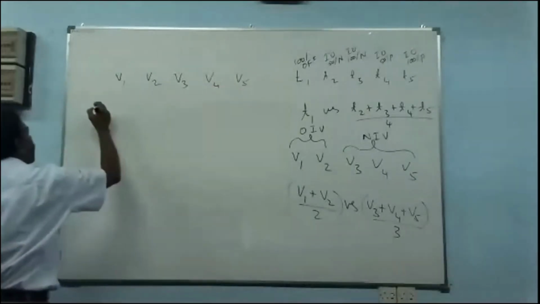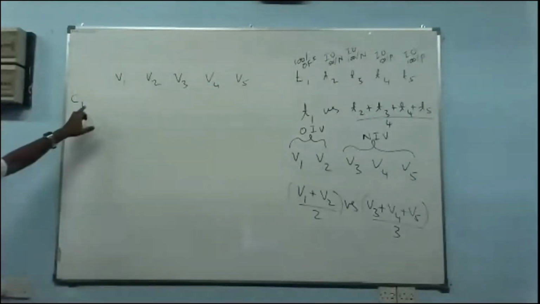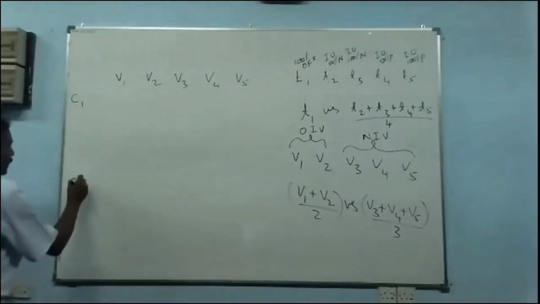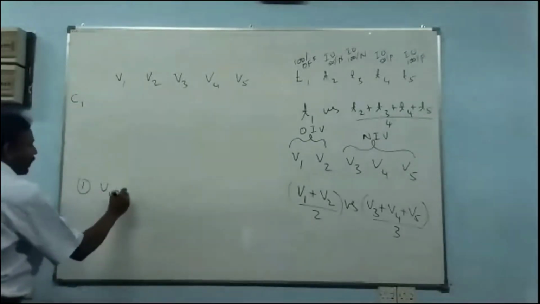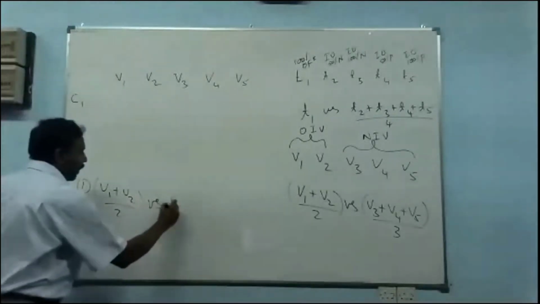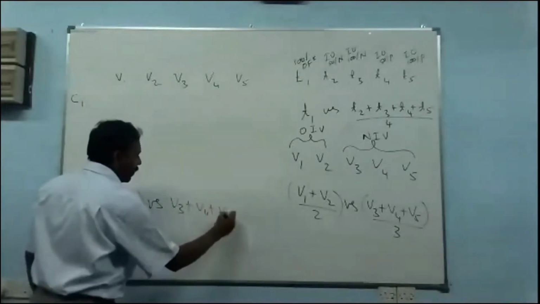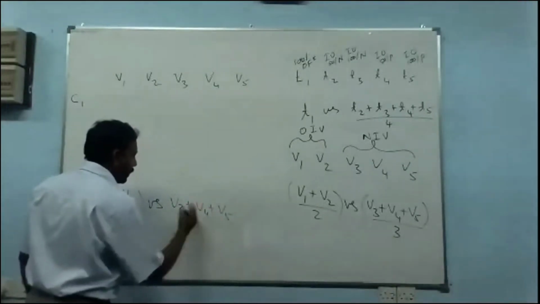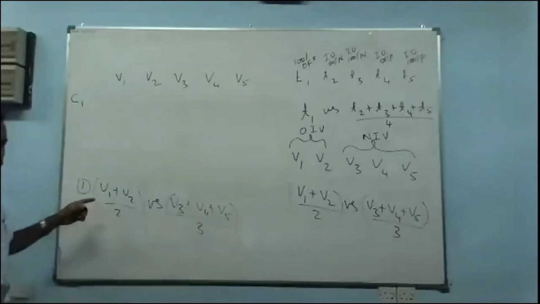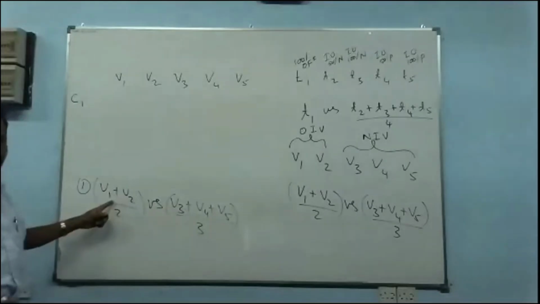So my first contrast, I will put it as contrast 1. My objective is V1 plus V2 divided by 2 versus V3 plus V4 plus V5 divided by 3. That is my first objective. I want to compare new improved variety with old improved variety.